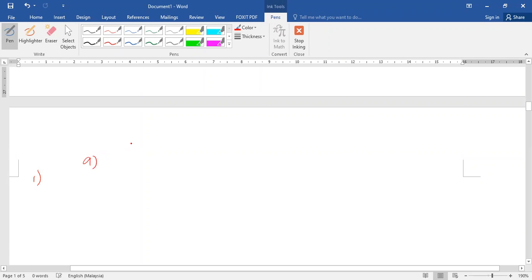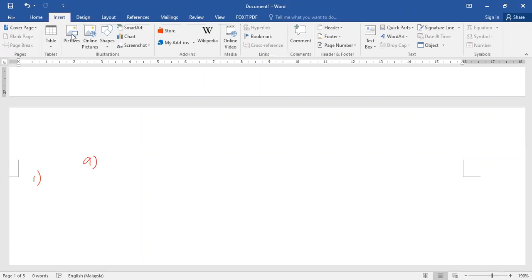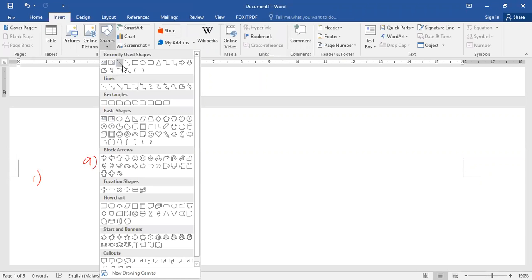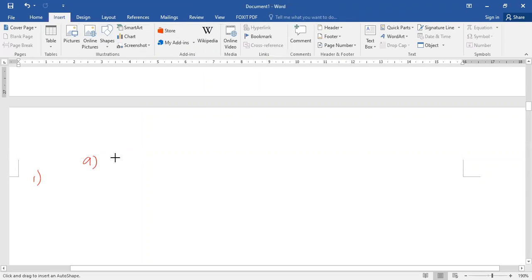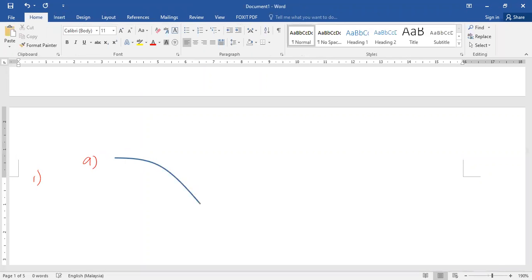The path will be a curve. That means it will move with a curve like that. So we draw, something like that.